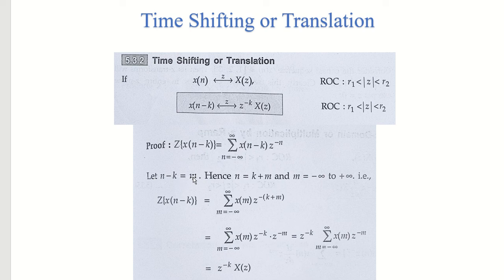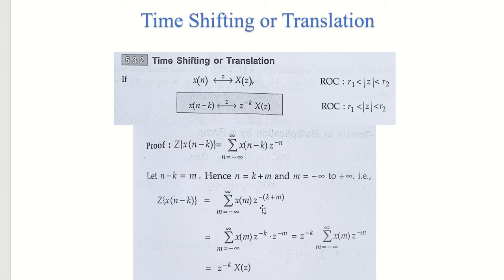Then n will become m plus k. So instead of minus n, we can write minus m plus k, right? And the limits of my summation will remain minus infinity to infinity, same as it was for n, but this time my m goes from minus infinity to infinity.